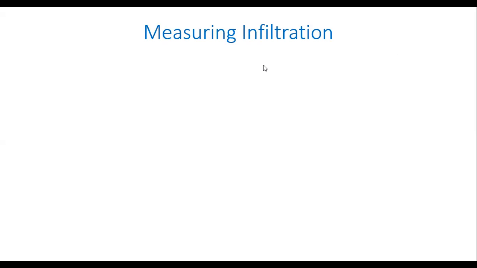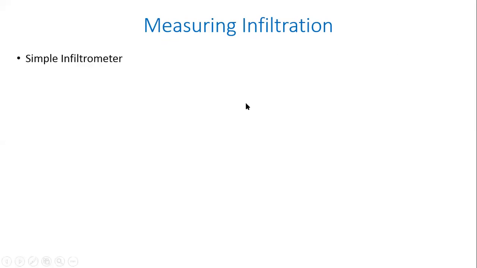So when I want to measure infiltration of a given soil sample, so far we were estimating, remember that. Now if I were to go into the field and say, okay, I have a certain kind of soil over here, let's find out what the infiltration rate of this particular soil is.